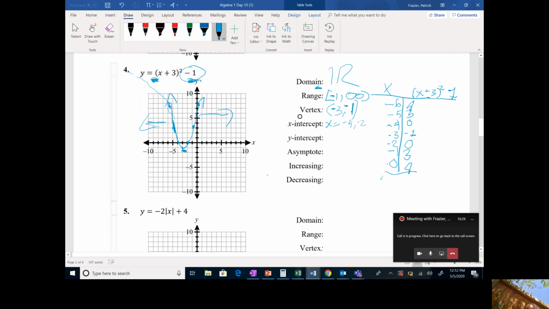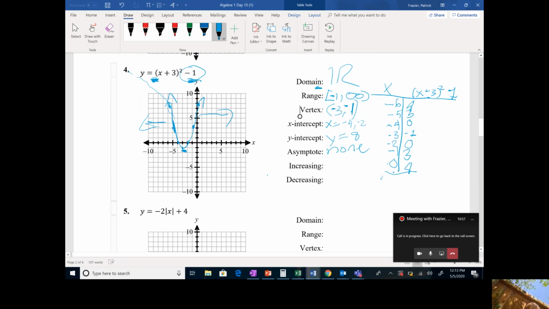The y-intercept was over here when x equals 0, y equals 8. So y equals 8. Asymptote, there is no asymptote. There's not some value that we can't divide by, there's not anything restricting it like that, some invisible line that I can't cross.